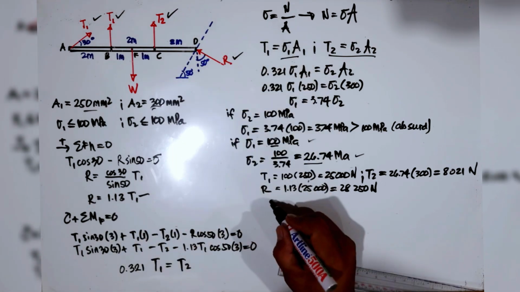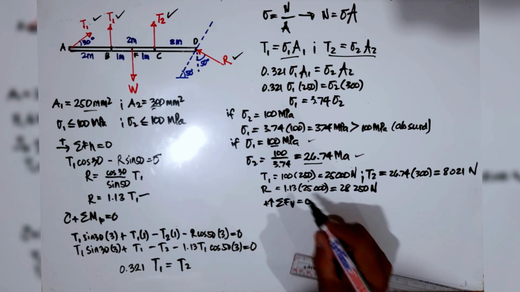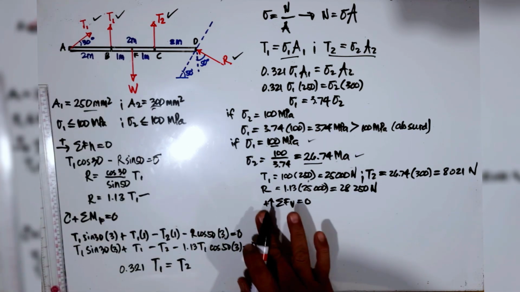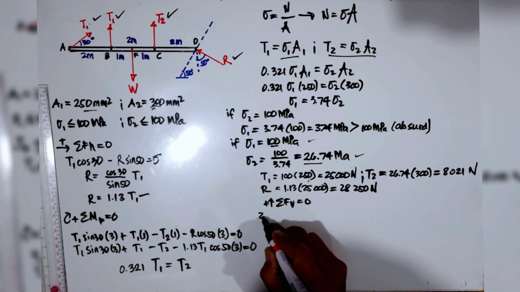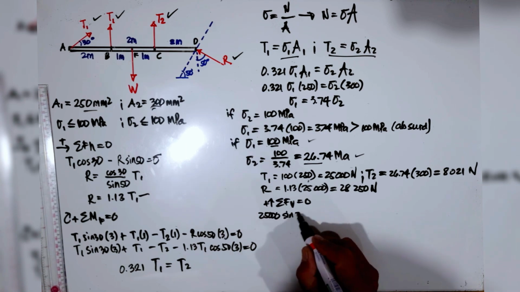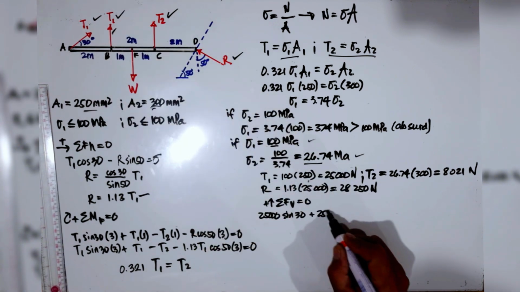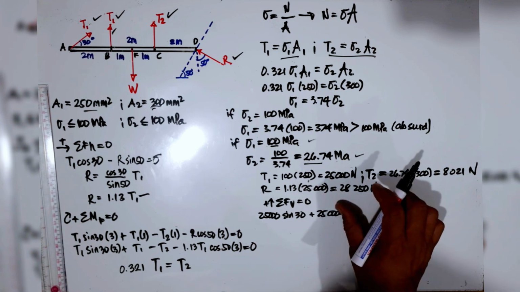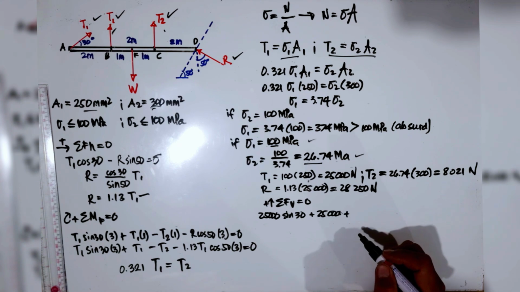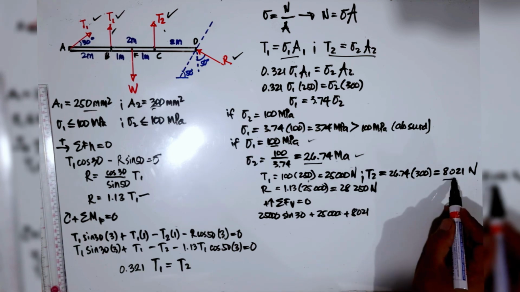So if we have to sum up forces vertical and equate that to 0 for equilibrium, we have the vertical component of T sub 1, that's 25,000. Vertical component is sine 30. Another T sub 1 here, that's another 25,000. Then T sub 2 is also upwards, so plus 8,021 newtons. This one.